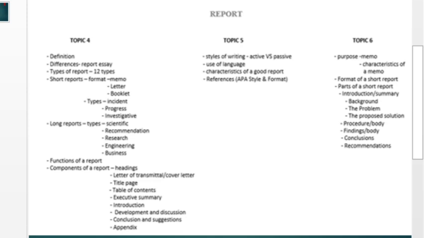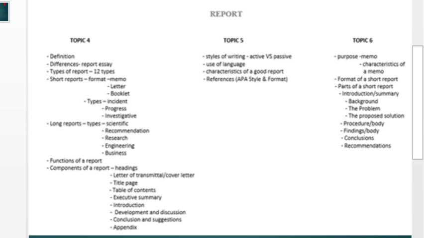Looking at short reports in topic 4, short reports can be a memo, letter, or booklet, and they can be about an incident, a progress, or an investigation. Since the memo is the shortest of all short reports, we focus on the memo in topic 6.